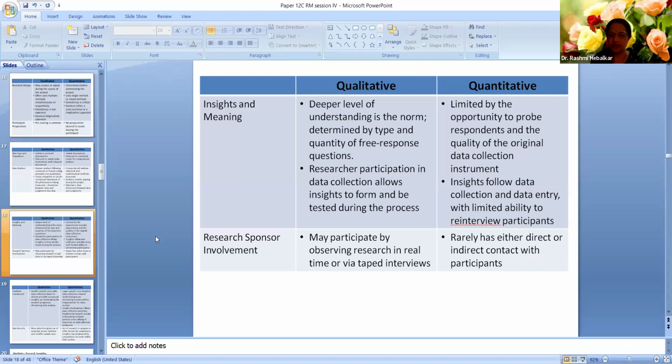In qualitative, as observers, they may sit, they may help you, but they are not to be the researcher there. They are not to tell you what kind of results they want. Sometimes it may happen. And in quantitative, rarely there is direct or indirect contact.